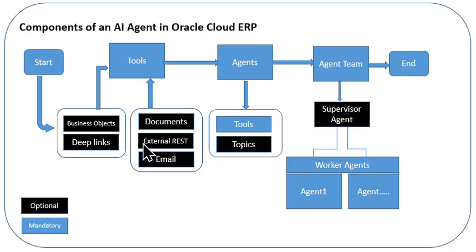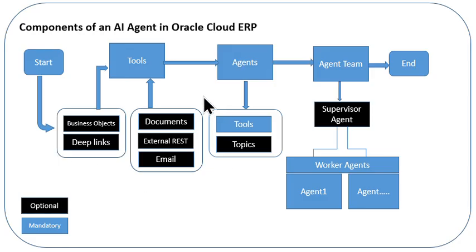It could be for getting some details from an external website and making use of that in your agent. Emails, currently this is supported for HCM and helps in defining certain alerts for HCM components.